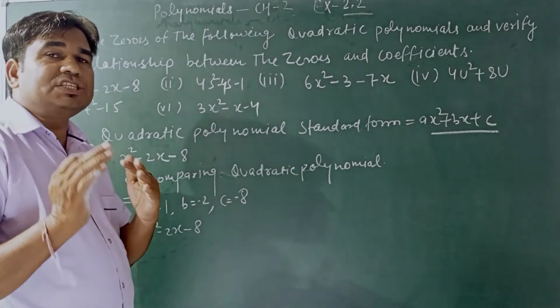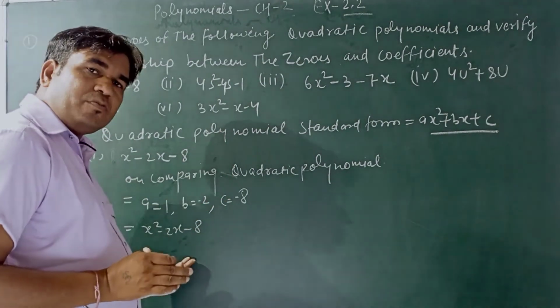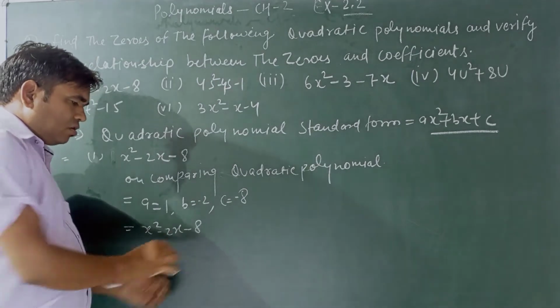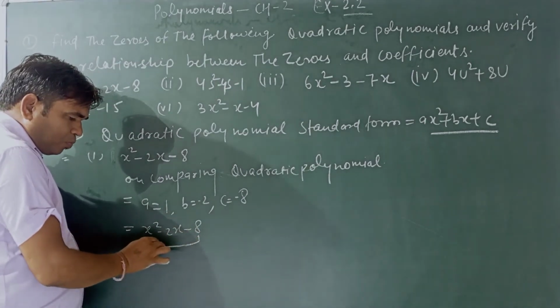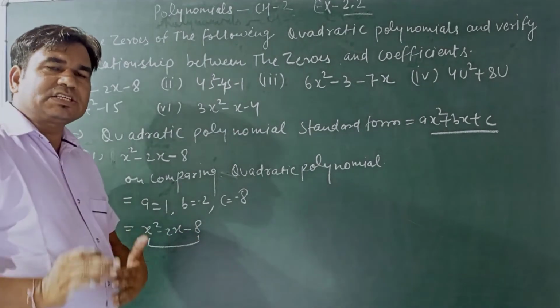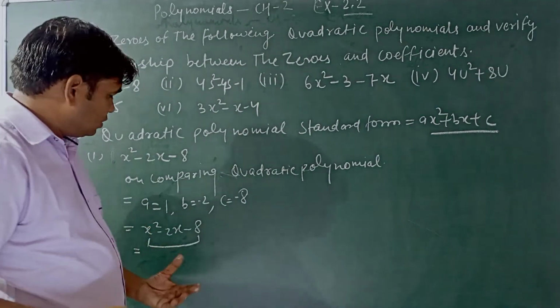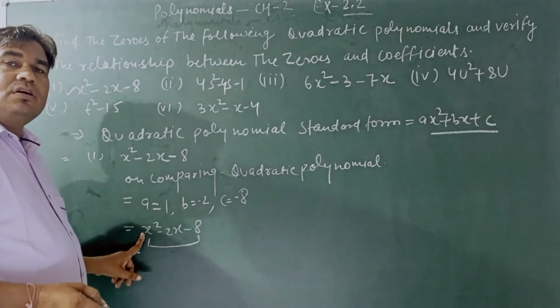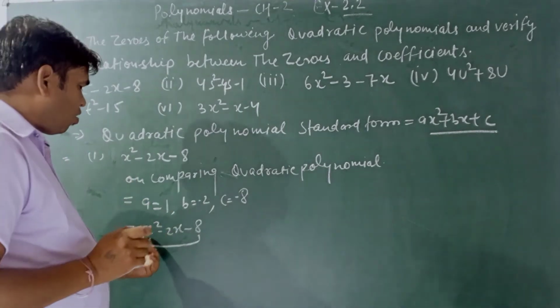Now we find the zeros of the polynomial x square minus 2x minus 8. When we are asked for the zeros, we look at the constant and the highest power, x square.